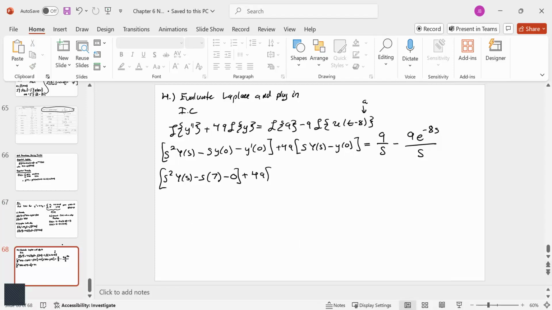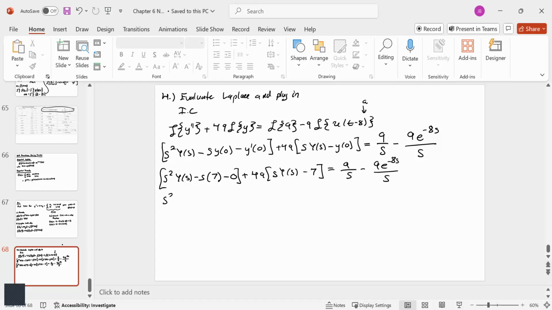And then we get 49 times Y of s, minus 7, equals 9 over s, minus 9e to the negative 8s over s. Can you combine those together into one thing? You can. I'm just waiting. I could do it now or I could do it later. It's just kind of wait and see. Maybe I don't have to.